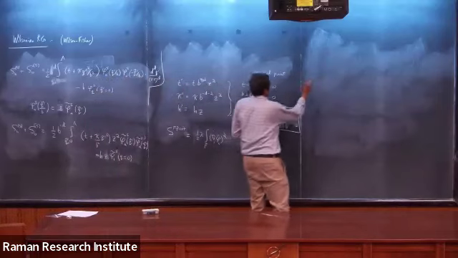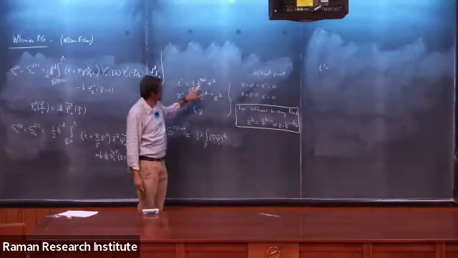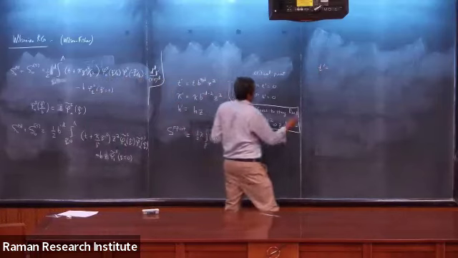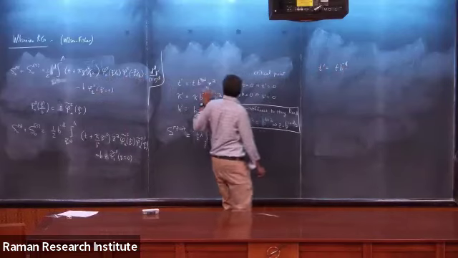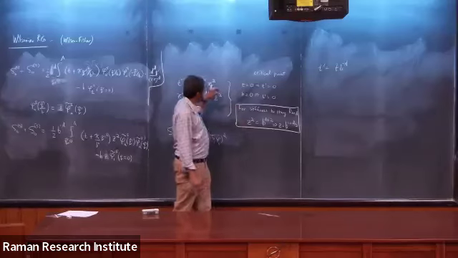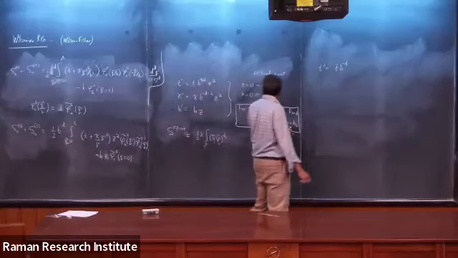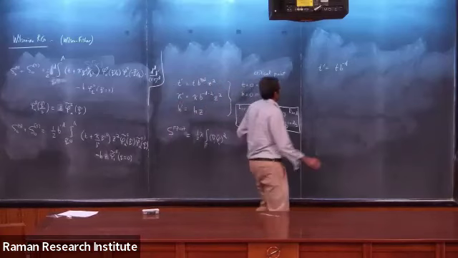What's going to happen? T prime is now going to go like T times B to the minus D, and we figured out what Z has to be. Z squared, which appears here, is just B to the D plus 2.